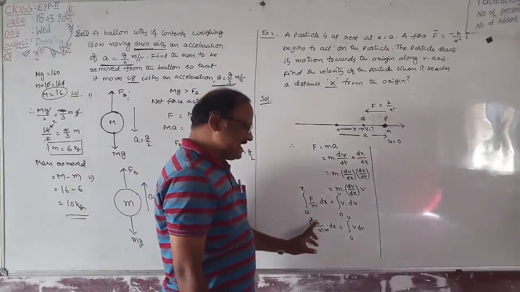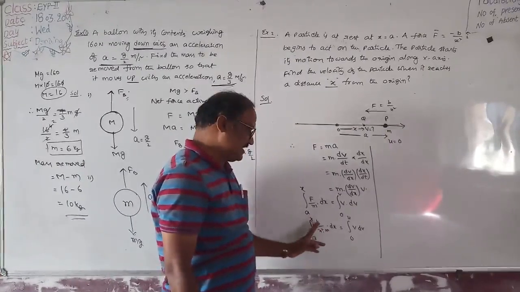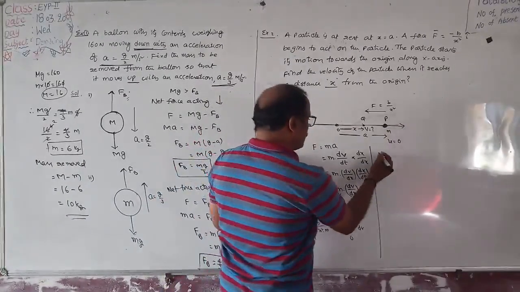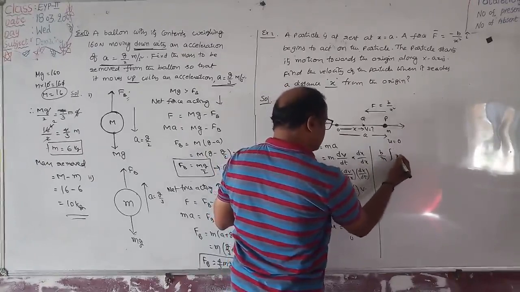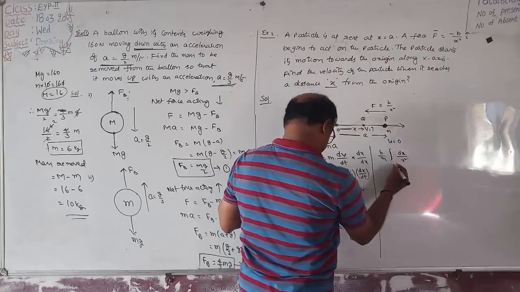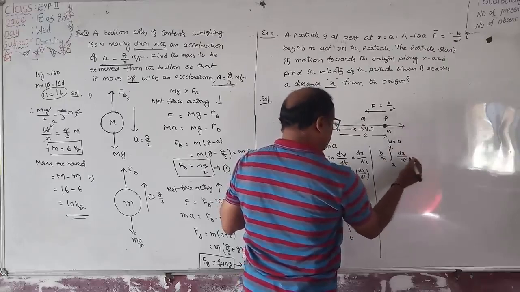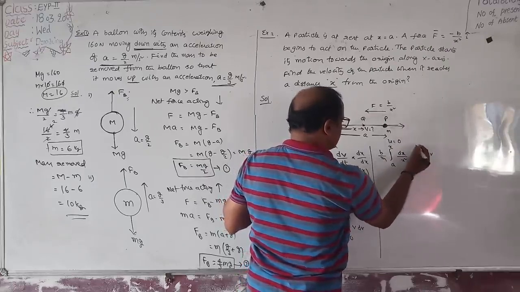Here b is a constant term, and m, the mass of the particle, is also constant. Writing these two constants aside, we get b by m into the integral of dx by x square, limits from a to x, is equal to the integral of v dv, limits from 0 to v.